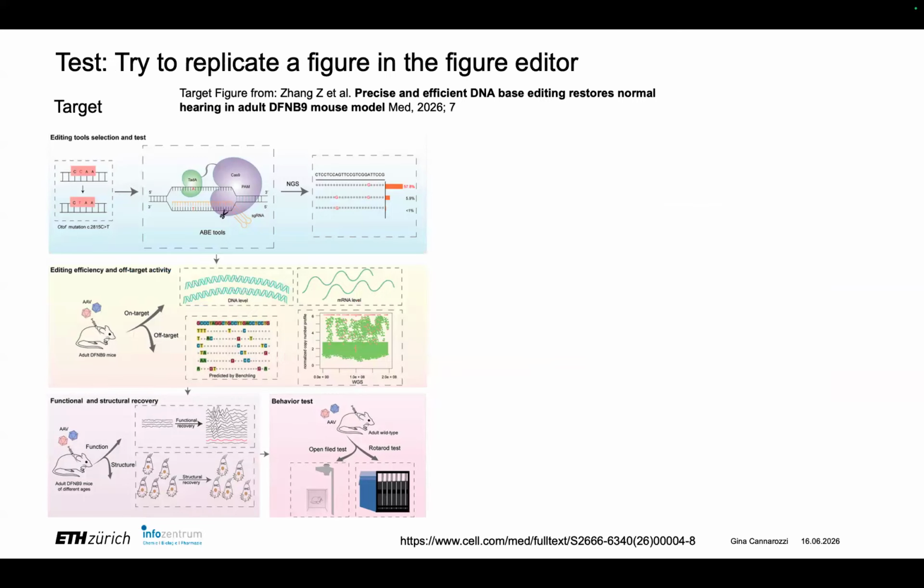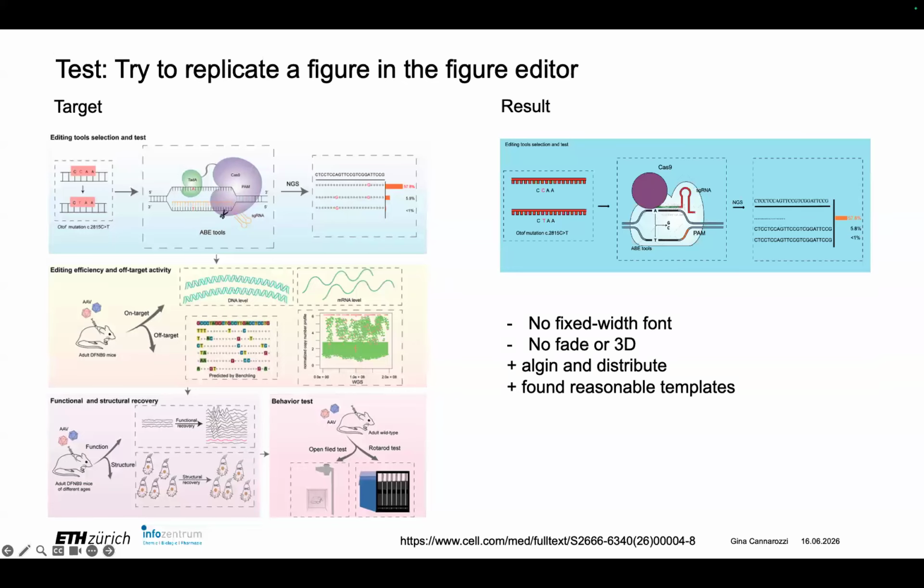Okay, so my test is to try and replicate a figure in the figure editor, and I found this one, which does not look like it was made with BioRender, but I'm going to try and replicate the top part of this figure in Mind the Graph. And when I do that, this is what I came up with. So what's easy to do are lines. I made these lines.